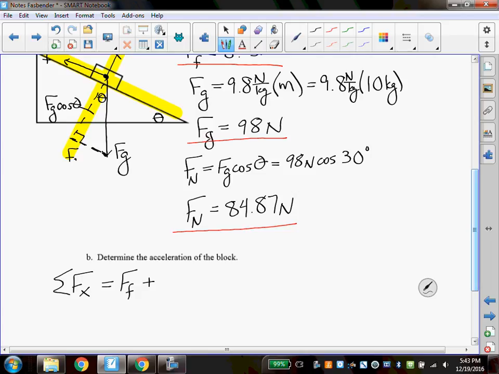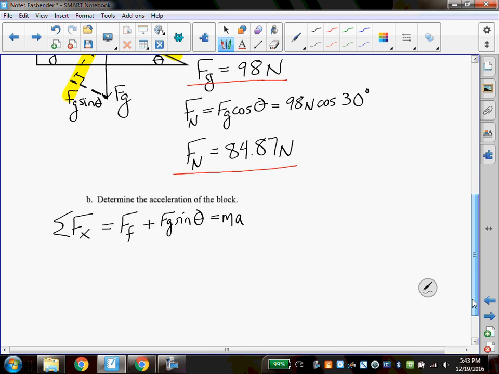We can calculate this parallel component of gravity using Fg sine of theta. Since this block is going to accelerate down the ramp, these must be unbalanced forces once we add them together, and so that must equal ma.